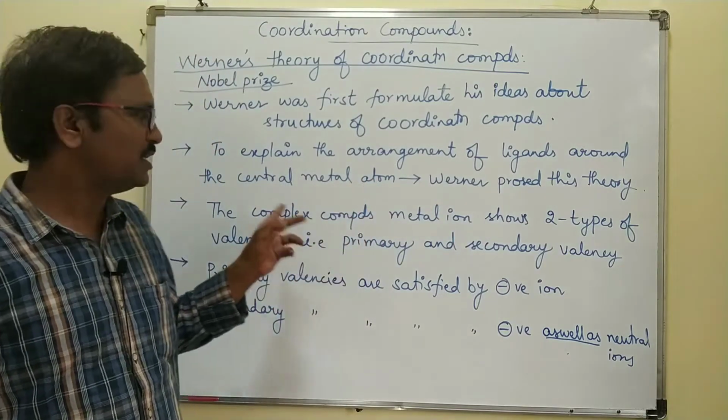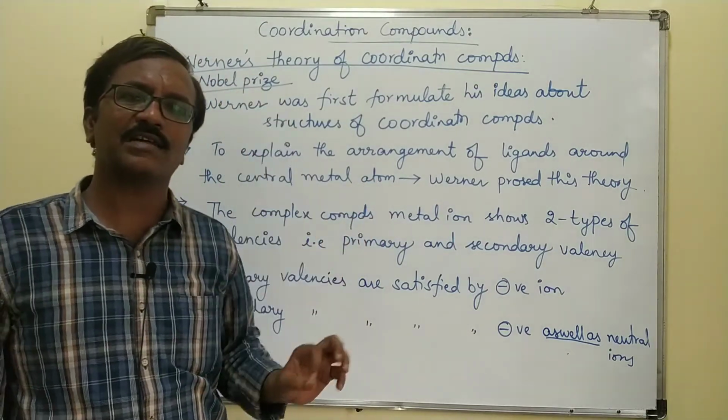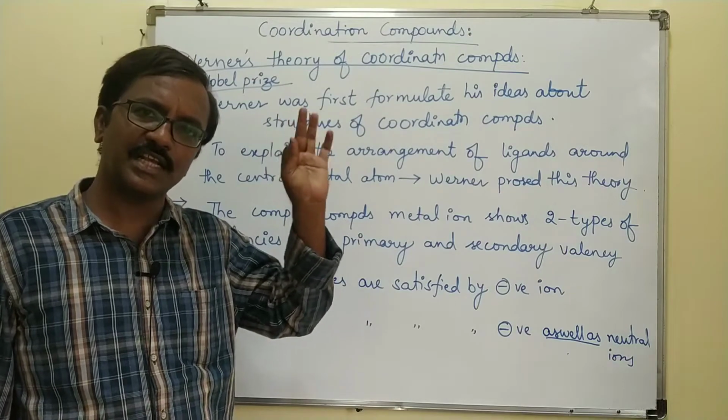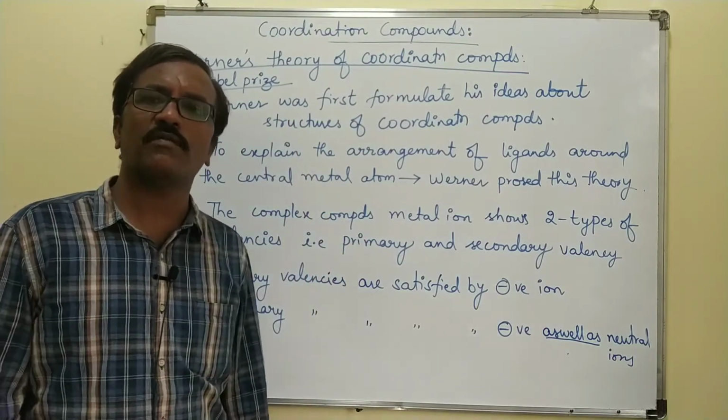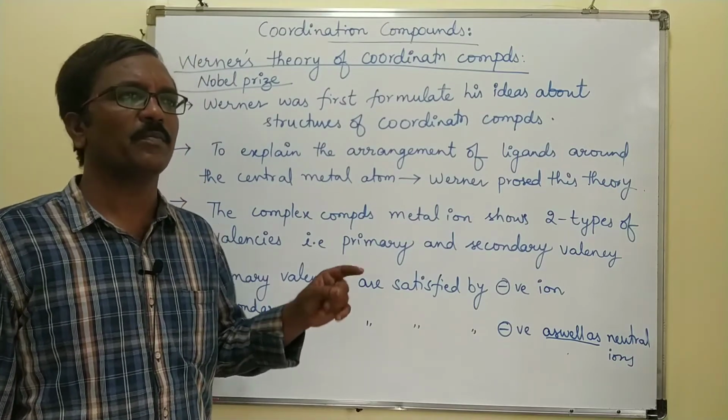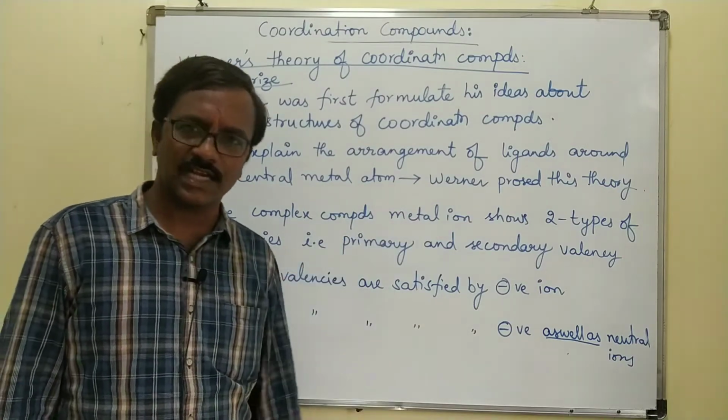He proposed that every central metal atom, every central d-block element, shows two types of valencies, that is primary valency and secondary valency.